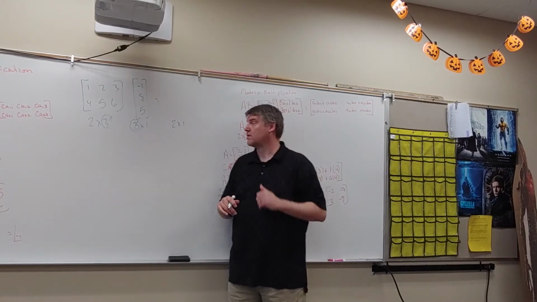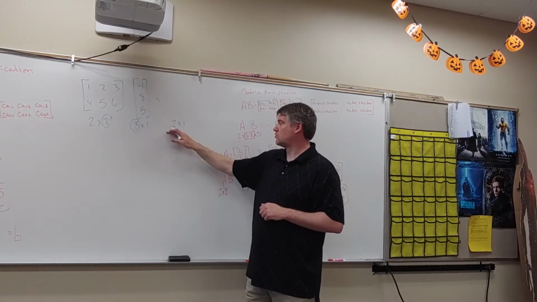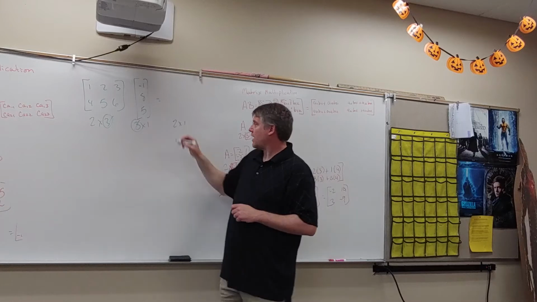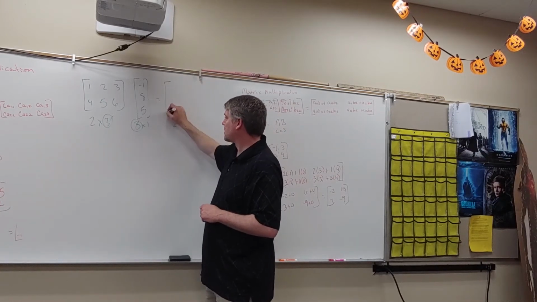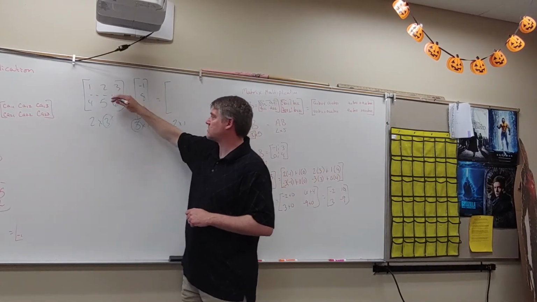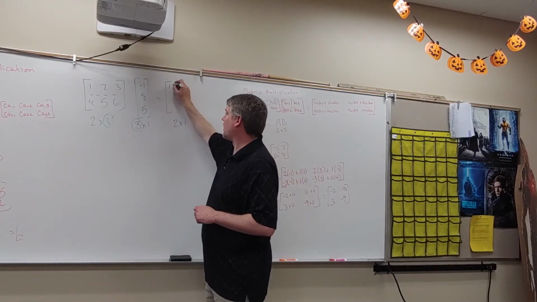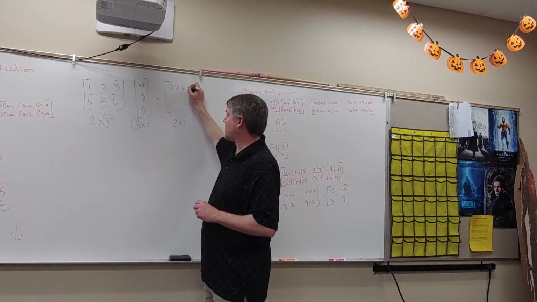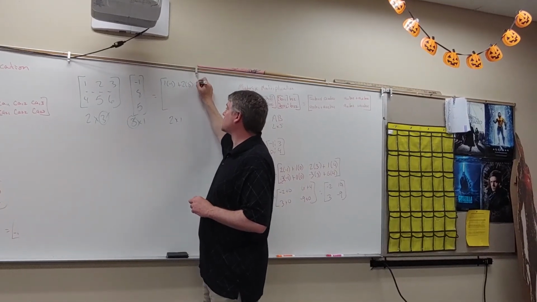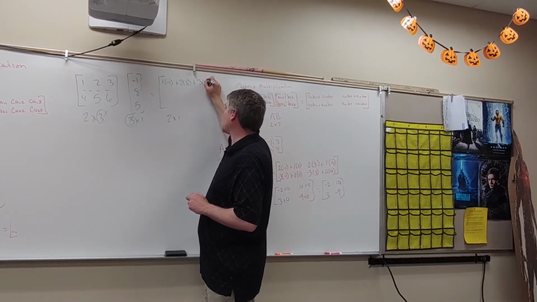So I should have 2 rows by 1 column. And so what's going to happen here is I'm going to take this row and multiply it by the column. So I have 1 times negative 1 plus 2 times 8 plus 3 times 5.